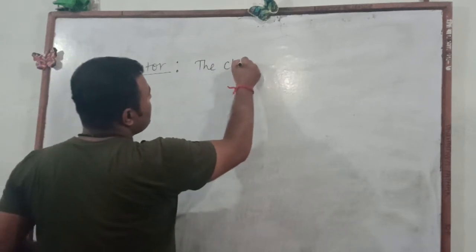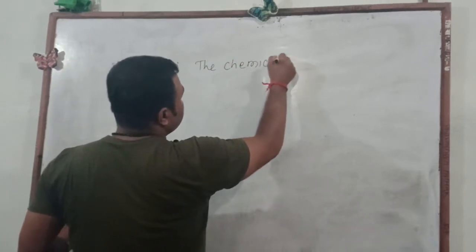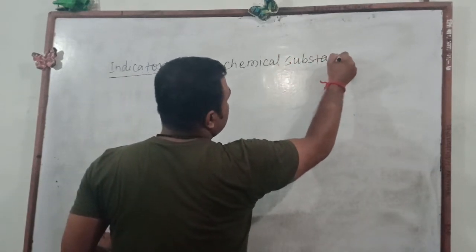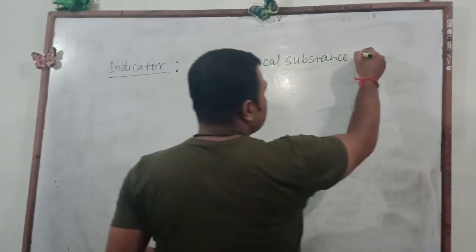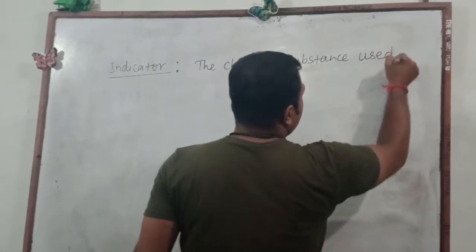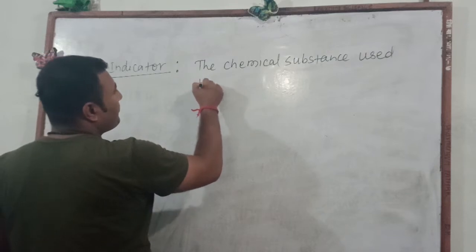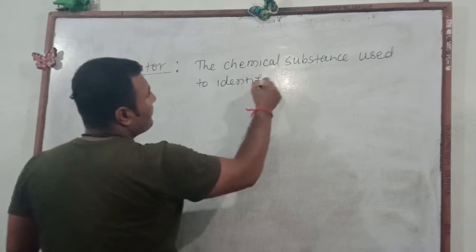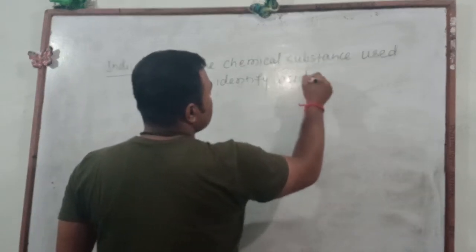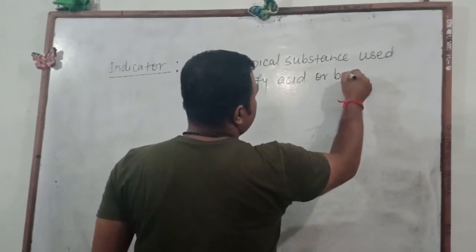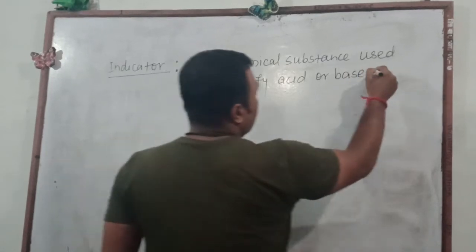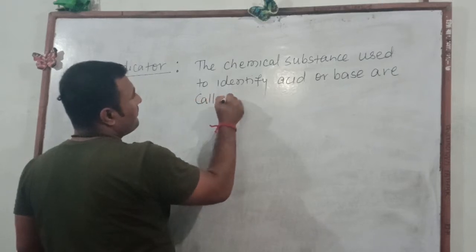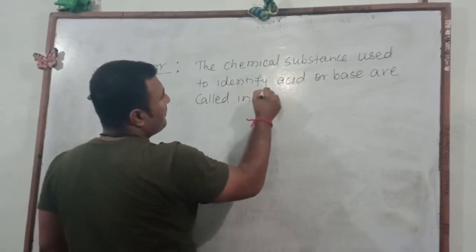The chemical substance used to identify acid or base is called an indicator.